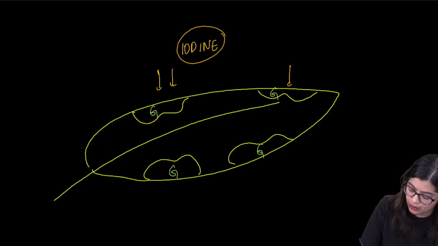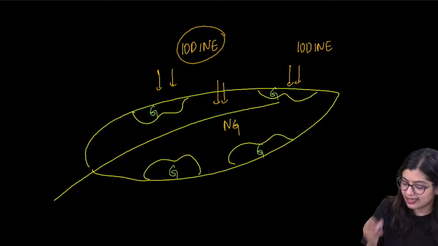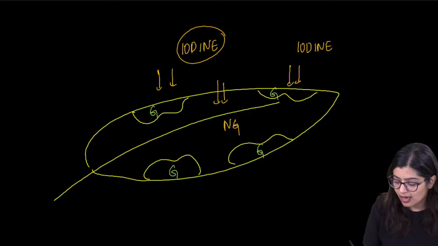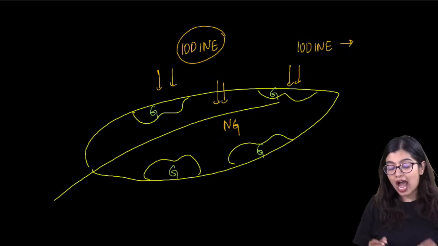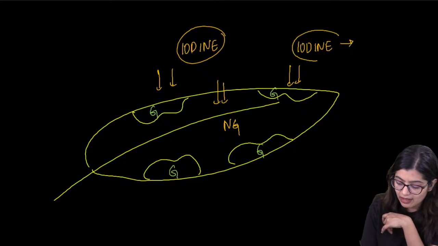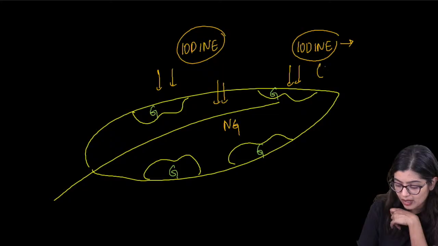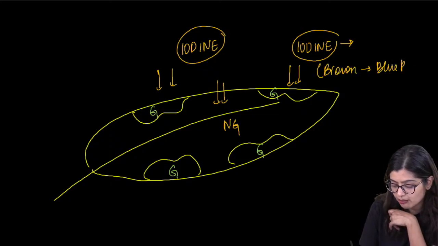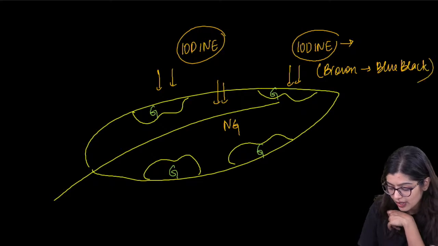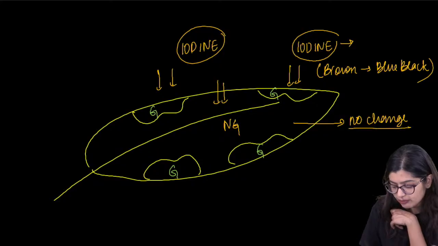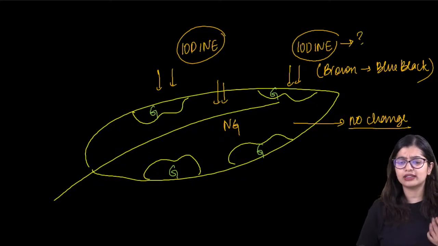So now I'm going to add a few drops of iodine to these parts, okay? So this is my non-green part and this is my green part. Now what will I observe? I will see that wherever the green parts were, brown iodine turned blue-black in color, while here there will be no change. Now why are we adding iodine in the first place?